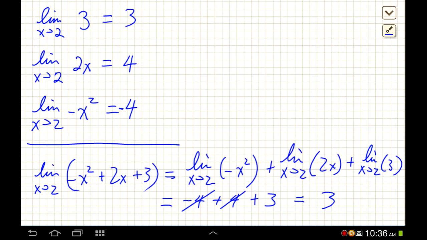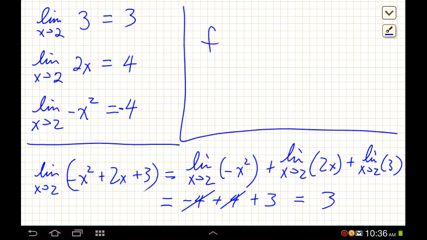And actually, coming back to what I was saying earlier, why don't we just evaluate f at 2? I mean, that would also give us the value 3, wouldn't it? Indeed, it does.